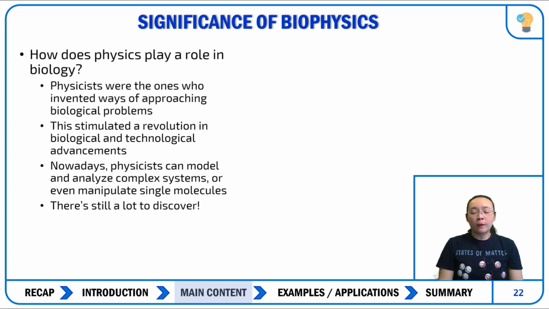So moving on, we should talk about the significance of biophysics, because this is probably your first venture into true biophysics. So how does physics play a role in biology? Let's start off by mentioning that when you want quantitative data, you need a quantitative model. And before you even get quantitative data, you have to prove that your model even works, and that your model can produce results that are comparable with tested biological phenomena.